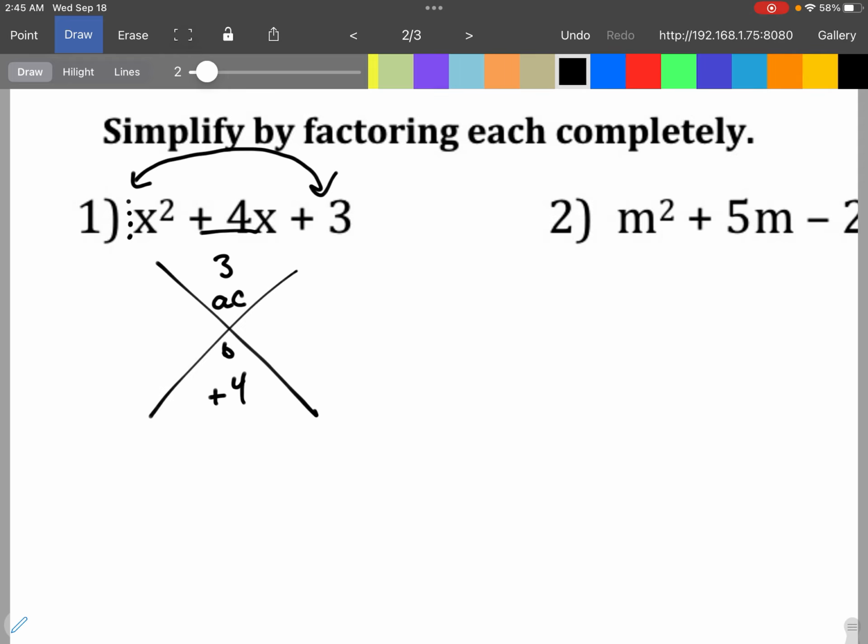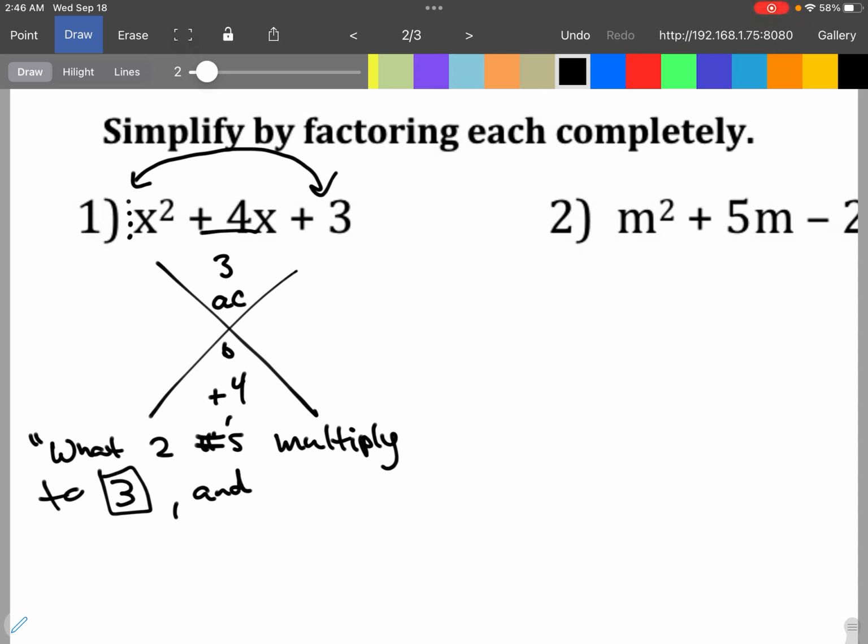So here's the question. I'm going to write this question one time. What two numbers multiply to 3 and add to 4?